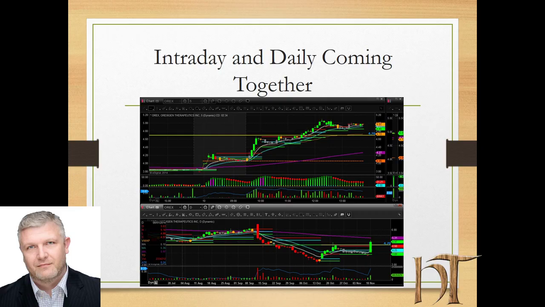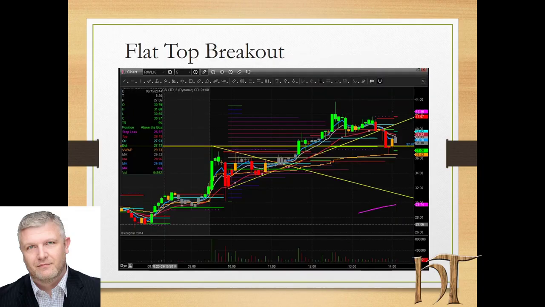Now, here's a flat top breakout. This is a symmetrical wedge. Instead of being a flat top here, we don't have any flat top. It's actually descending. So we don't actually have a flat top.